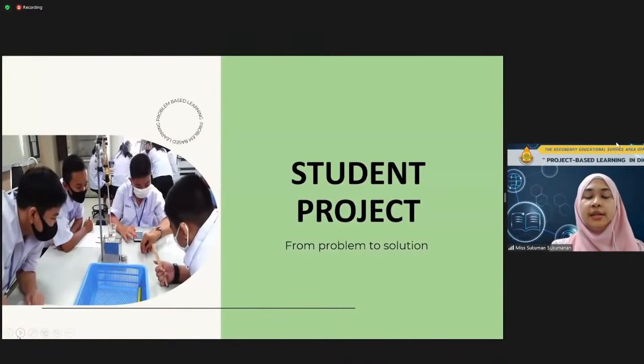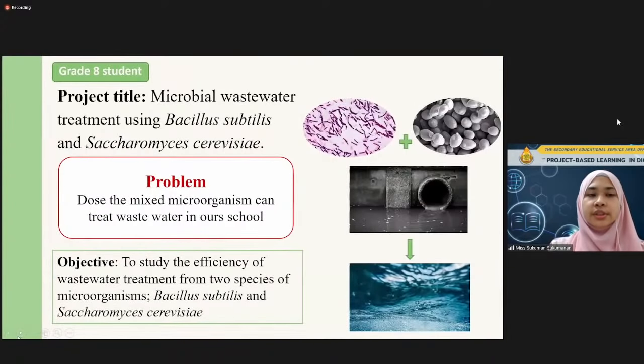Another part that I would like to present is an example of a student project from my one and a half years as a biology teacher in TUPP school. This is an example of grade 8 students, or Mathayom 2. This group of students is interested in microorganisms.